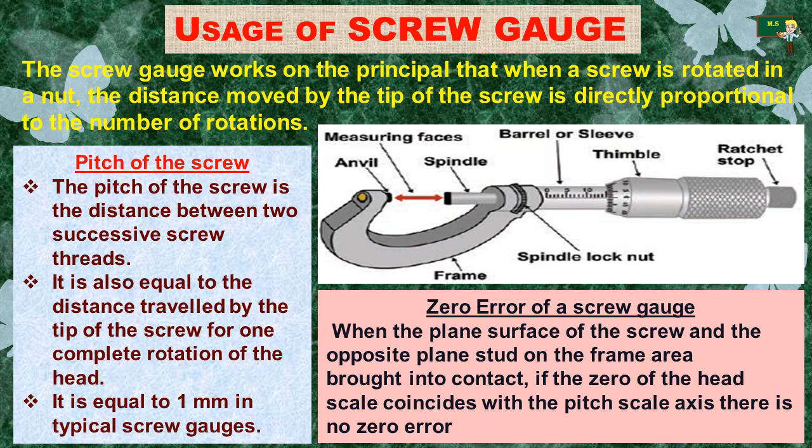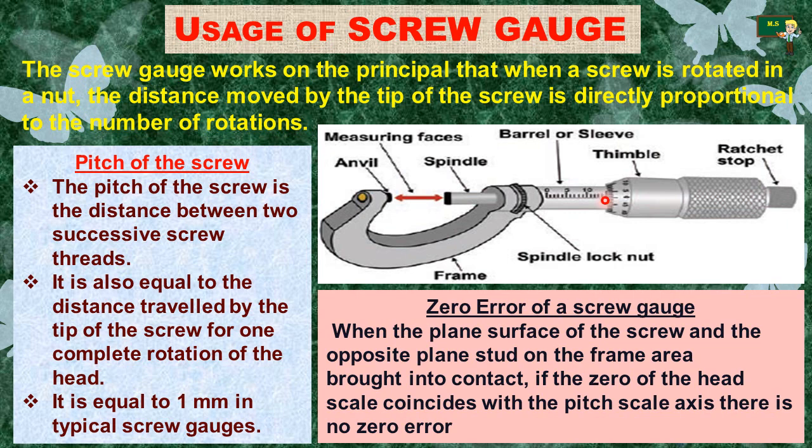Dear students, as we have a zero error and zero correction in the vernier caliper, we also have zero error in the screw gauge. The zero error of a screw gauge is checked when the plane surface of the screw and the opposite plane stud on the frame are brought into contact. If the zero of the head scale coincides with the pitch scale axis, there is no error.